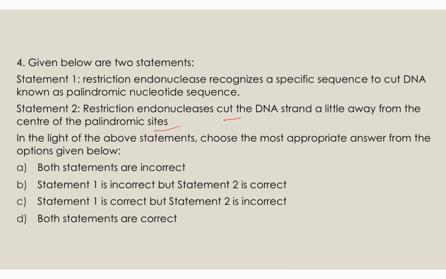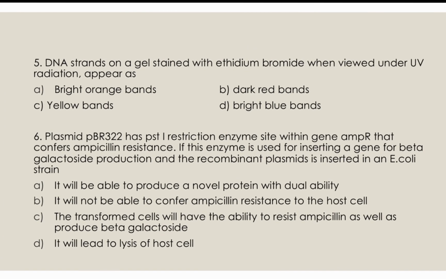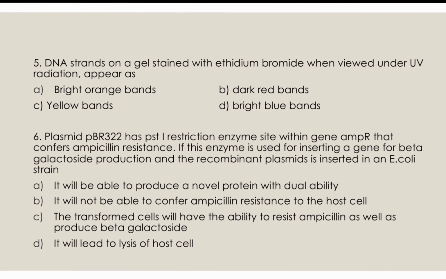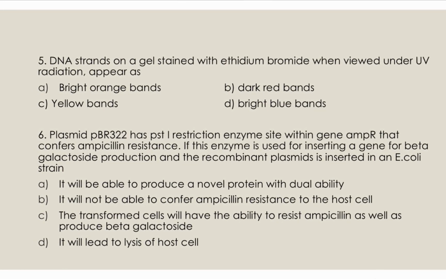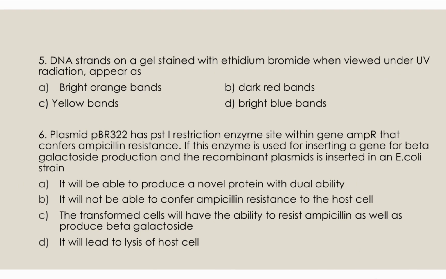So the answer is both statements are correct. Next, DNA strands on a gel stained with ethidium bromide, when viewed under UV radiation, appear as? The answer will be bright orange bands.